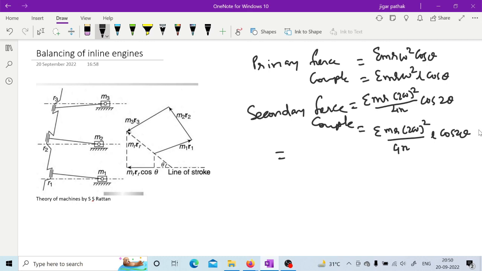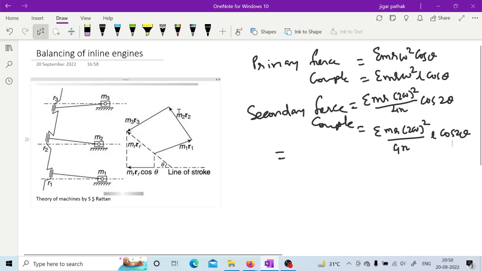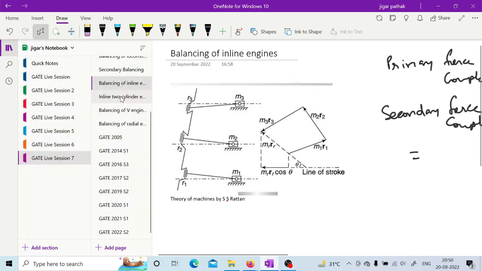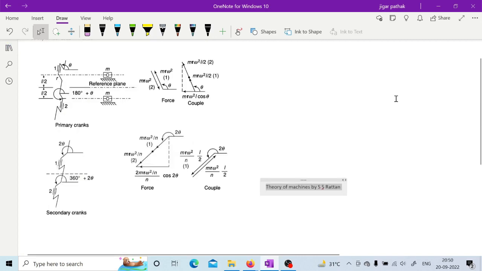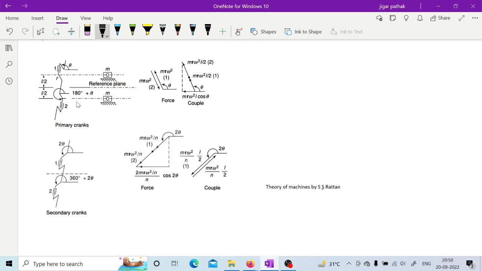Once you are done with this, take the particular case of the inline 2-cylinder engine, in which the cranks are 180 degrees apart, theta and theta plus 180.